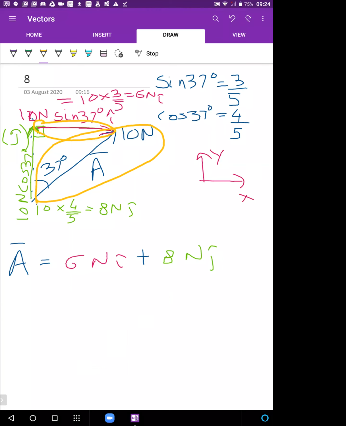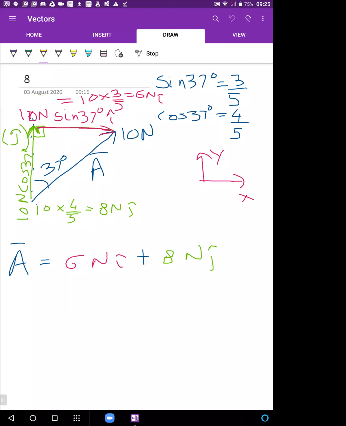So the horizontal part of this vector should be towards the right. So the arrowhead for the horizontal part is going to be pointing towards right, which makes this part point along the positive x-axis, and thereby this part is going to be 10 Newton sine 37 positive I cap.